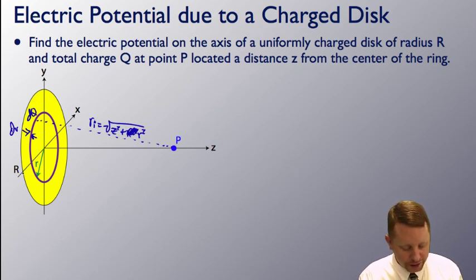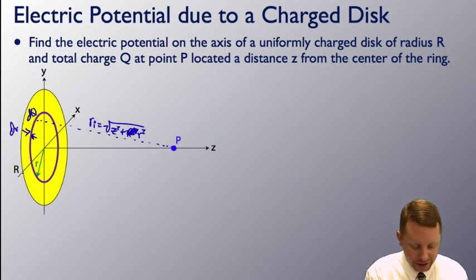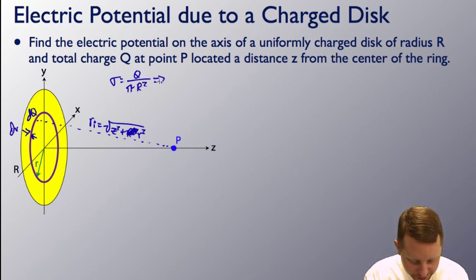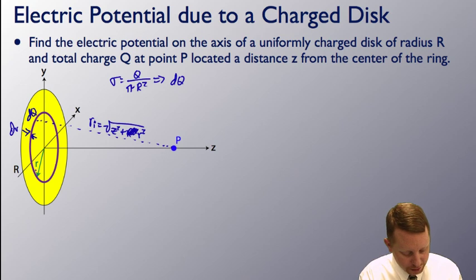All right, if we do this, let's start off by talking about the surface charge density. Sigma must be the total charge divided by the area, and the area of our disk is pi capital R squared. Therefore, dq is going to be that ring's area times the surface charge density.